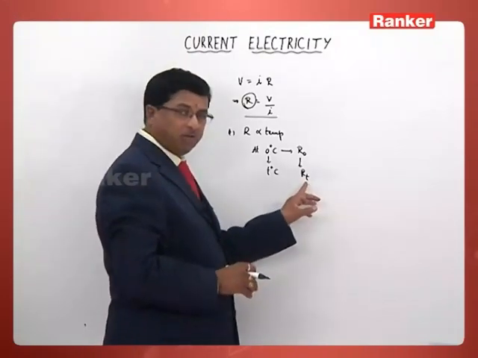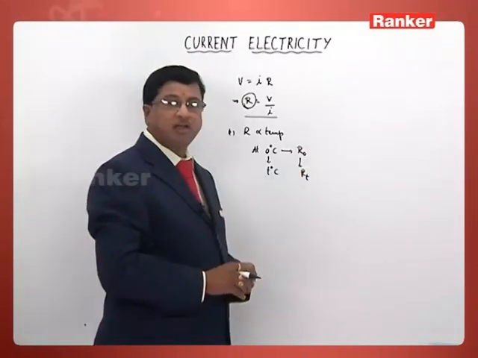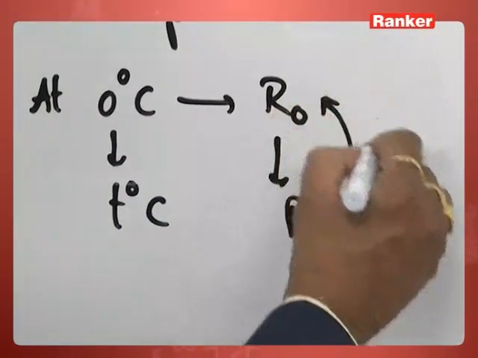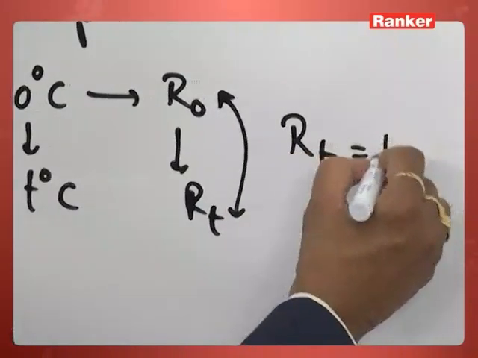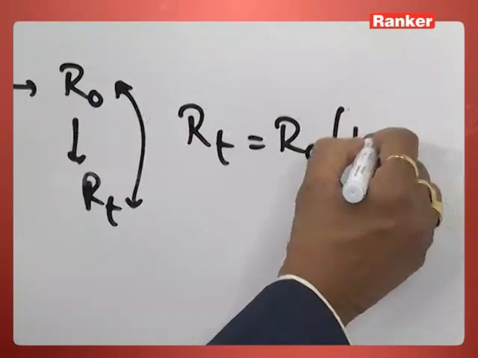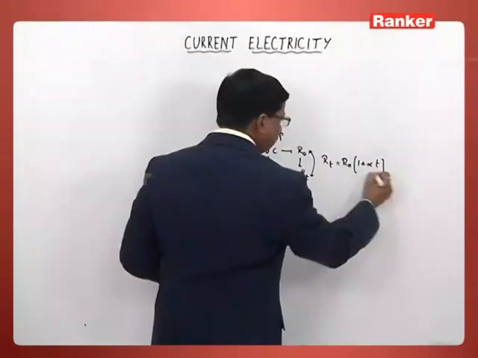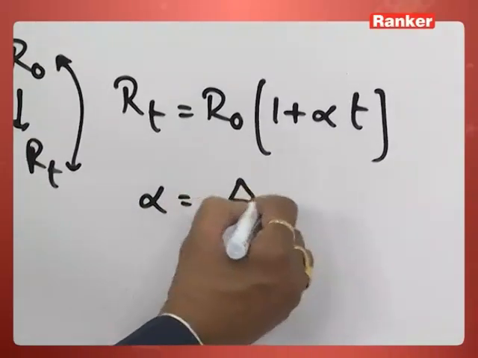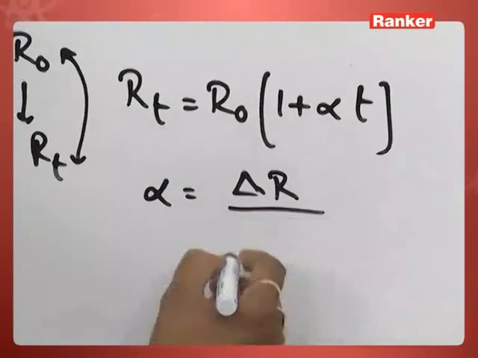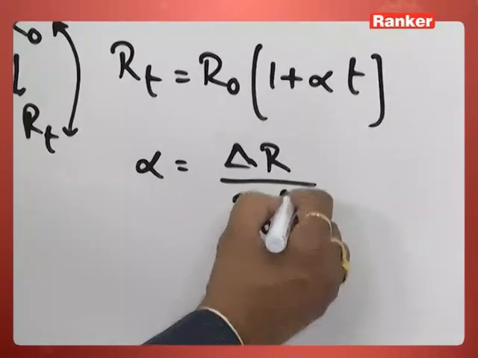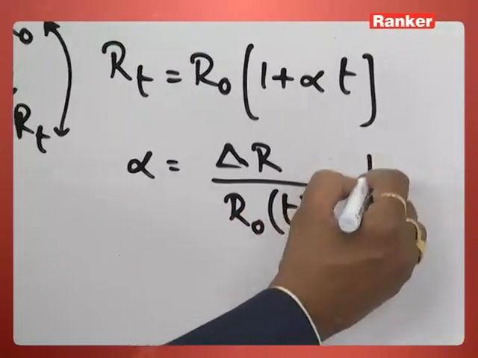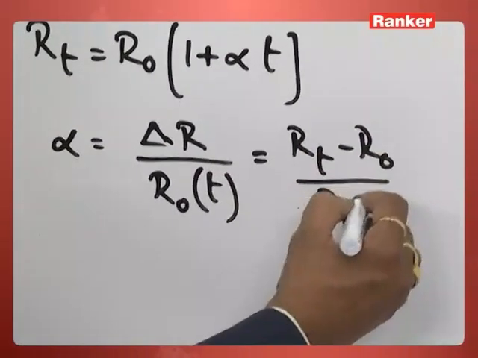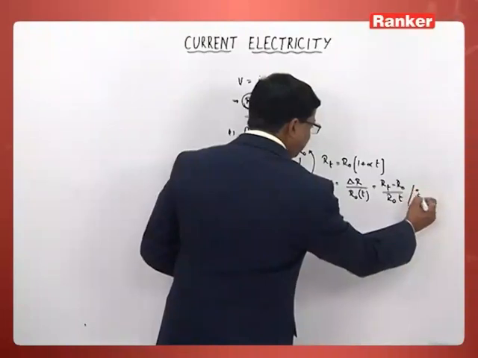In this case, RT will be greater than R0. So what is the relation between these two quantities? We write that RT is equal to R0 into (1 plus alpha T). Here alpha can be written as delta R, that is the change in resistance, divided by R0 into T. You can rewrite it as (RT minus R0) by (R0 into T) per degree centigrade.